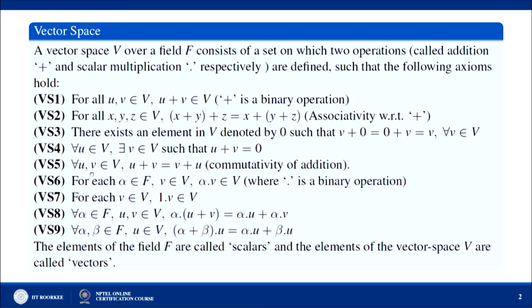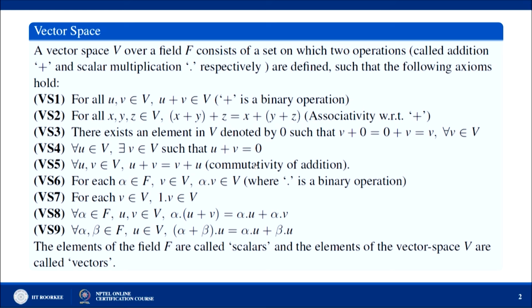And the next is, for every u, v in V, u plus v is equal to v plus u, that is commutativity of addition. So, these 5 properties are with respect to addition, and we can also say that the vector space V with respect to plus must be an abelian group.